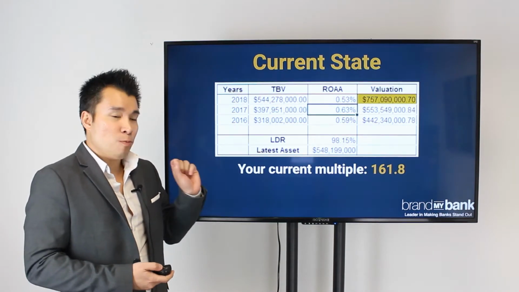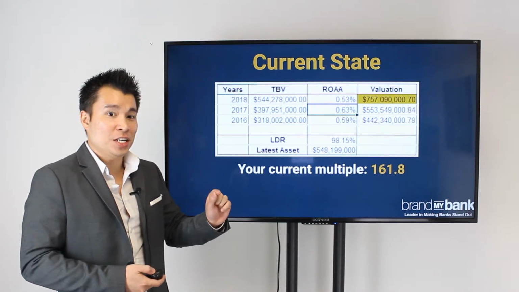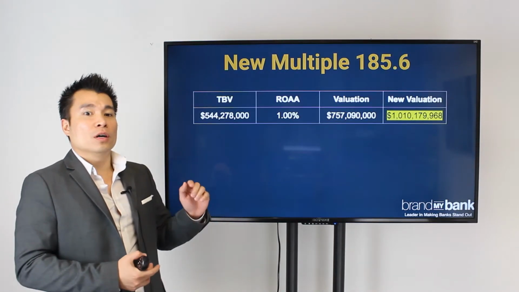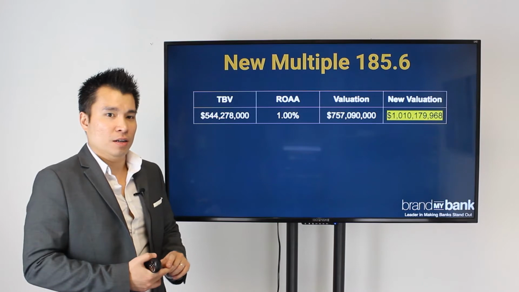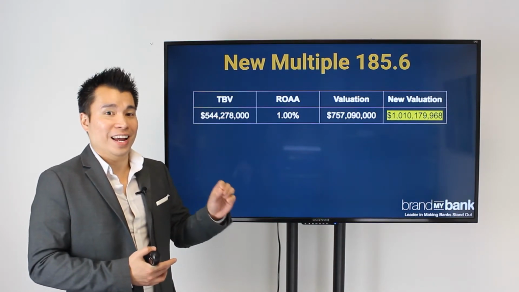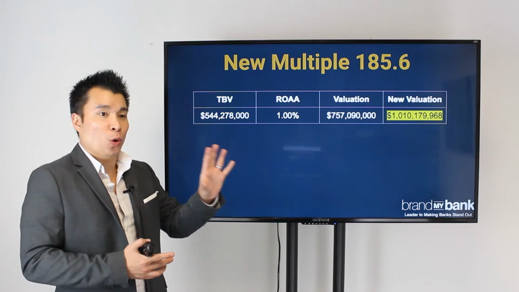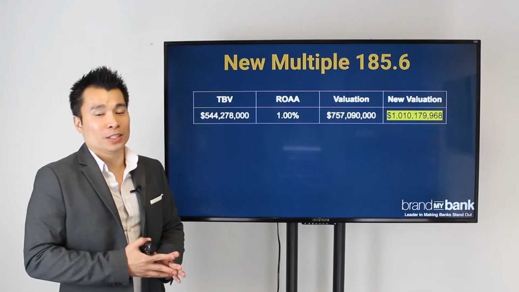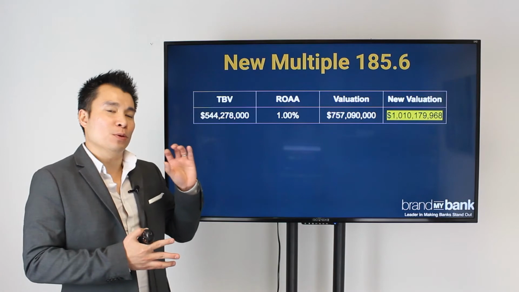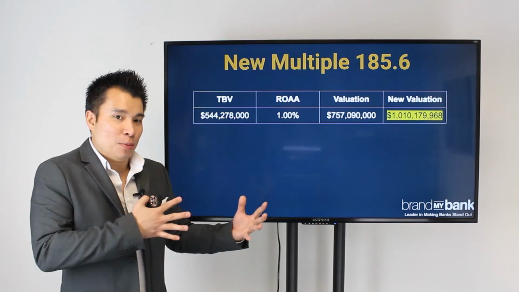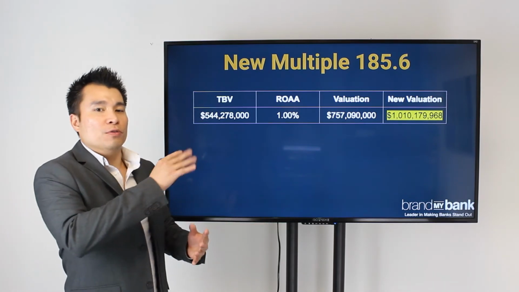Now, if we were able to increase the ROAA from 0.53 to over 1%, then your new multiple is 185.6, which pushes your asset valuation to over $1 billion. So that is exactly what I'm talking about: when you are able to figure out the hidden deposits on the table, that will drive your new valuation.